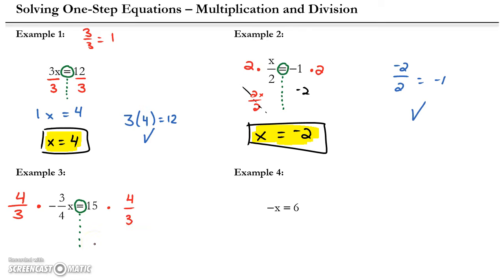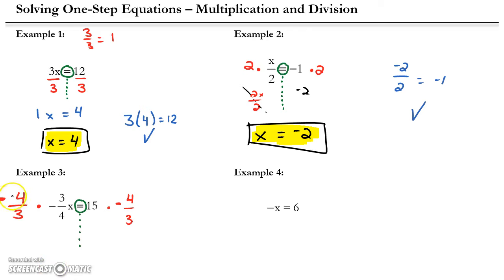The second concept here is that this is negative. I don't want my answer to be negative, I want it to be positive. The only way to make sure that this answer becomes positive is to multiply a negative by a negative. So I'm going to actually multiply both sides here by -4/3.